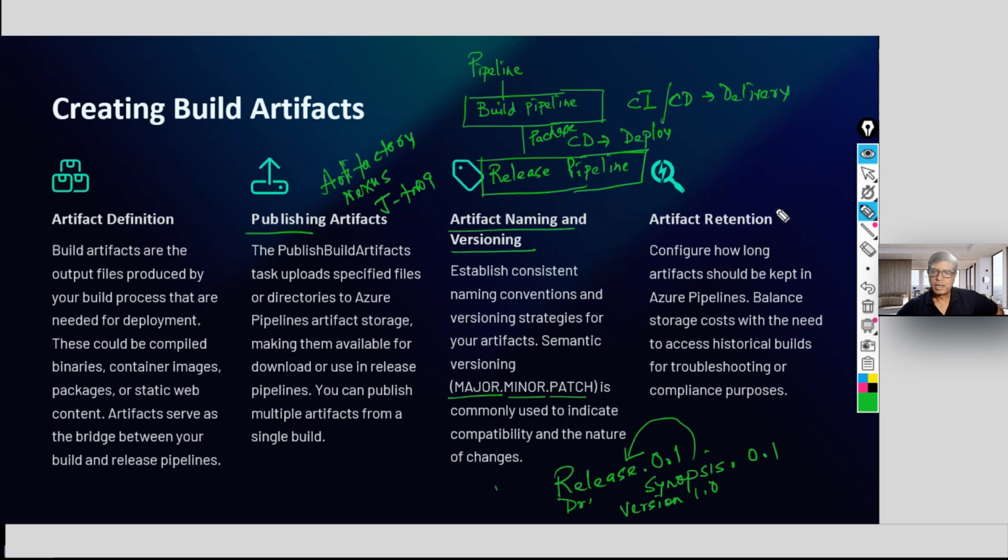You can also say what is your artifact retention time, whether it is 1 year or 3 months, 9 months, whatever. What is your timeline, or maybe 5 years? You want to retain those artifacts for several builds. So there is a build life cycle of 5 years. So you have to retain them for 5 years.